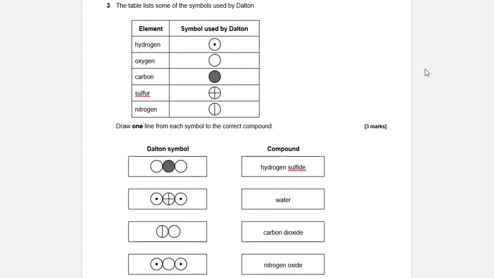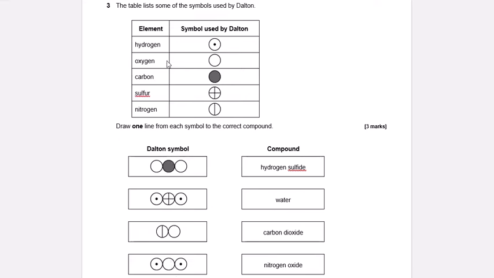Right, now this is quite a puzzle question, this one, and what it does is it shows you the symbols that Dalton used for his elements and some of the compounds that you might commonly find in chemistry. And what you've got to do here is you've got to use this code to work out which these molecules are.